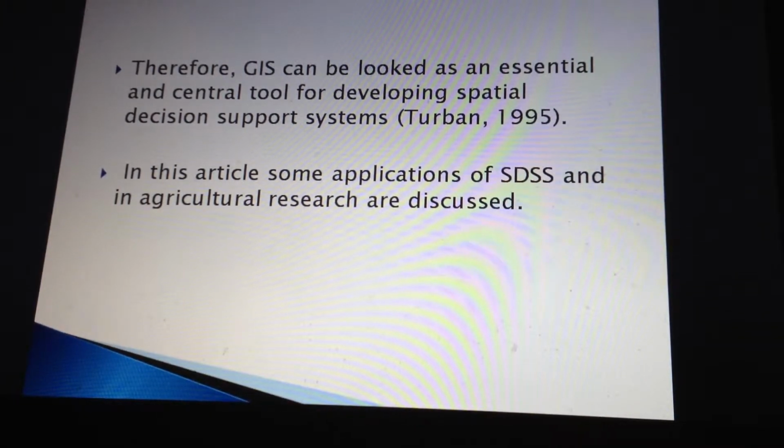Therefore, GIS can be looked at as an essential and central tool for developing spatial decision support systems. In this article, some applications of SDSS in agricultural research are discussed.